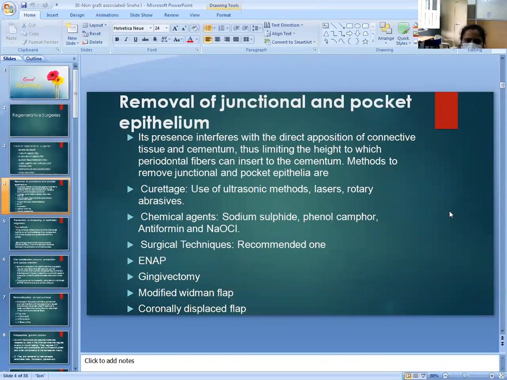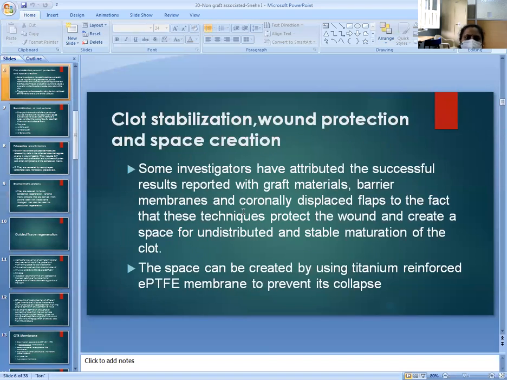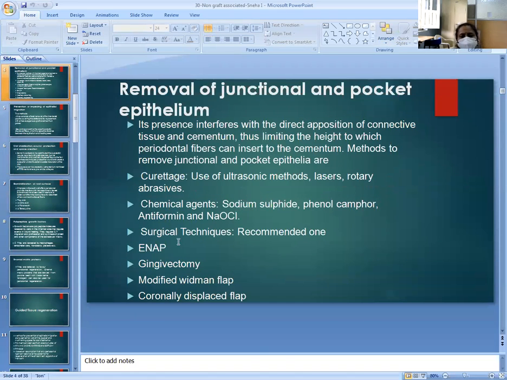So what exactly happens when you treat a periodontal pocket with a bony defect? Based on Melcher's concept, there are four periodontal components.